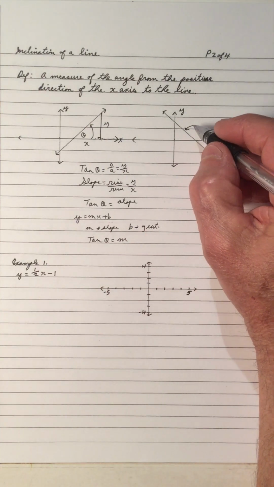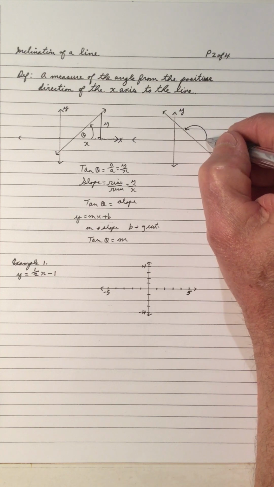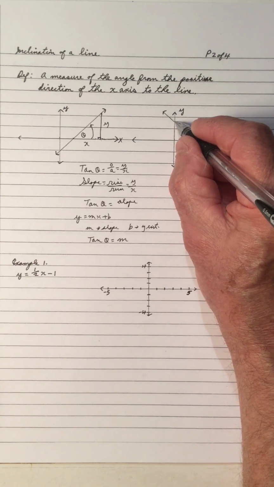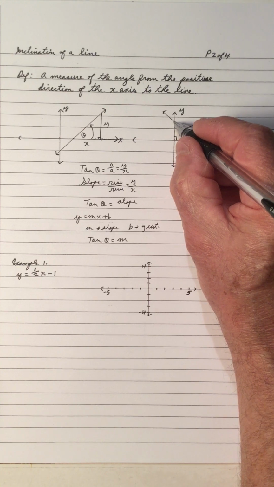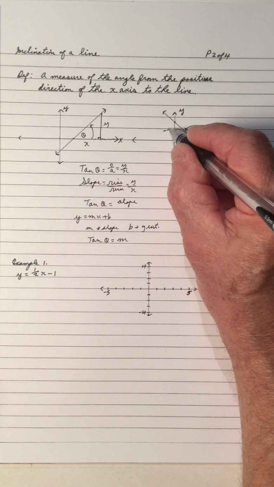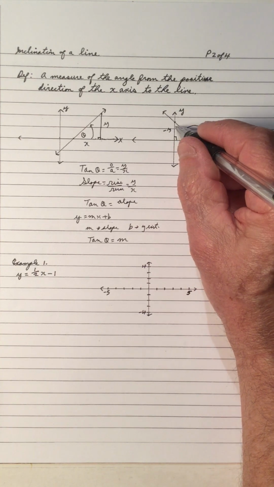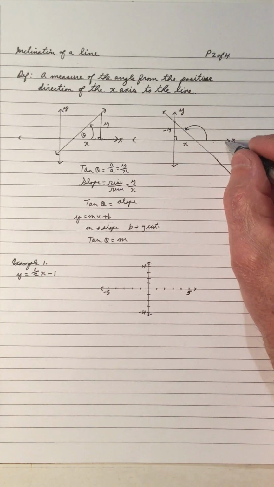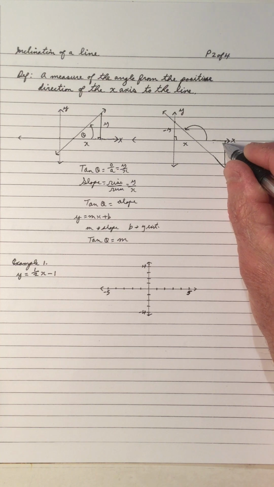In relation to the negative slope, if you take this point, this is the perpendicular here. If we go from here to here, that's a negative y, and this way is x. So the slope is the negative y over the x. Or you can also drop a perpendicular from here to here.